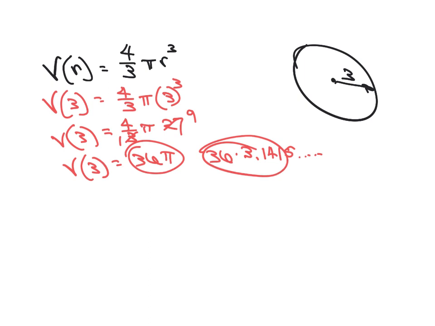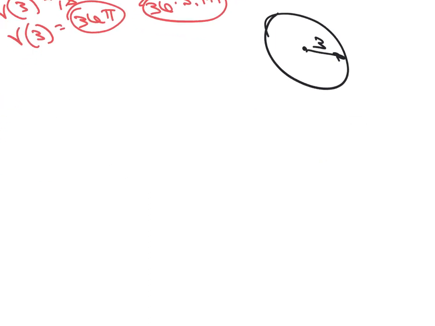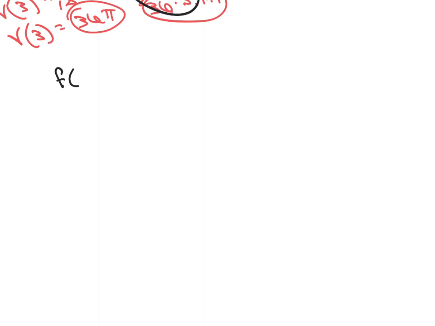Okay, let's look at example number 5. Example number 5 gives us something kind of goofy. F of x, so the function of x equals 3x squared plus 2x minus 1. So this is whatever number we decide we're going to put in for x. This is the equation we're going to put in, and then we're going to get an answer.